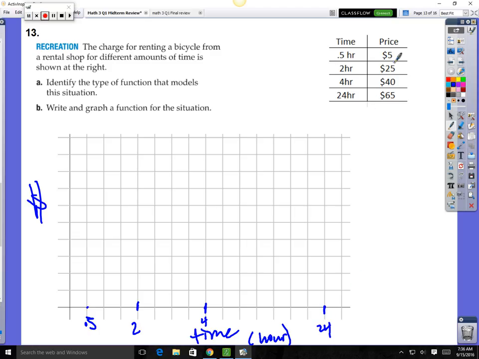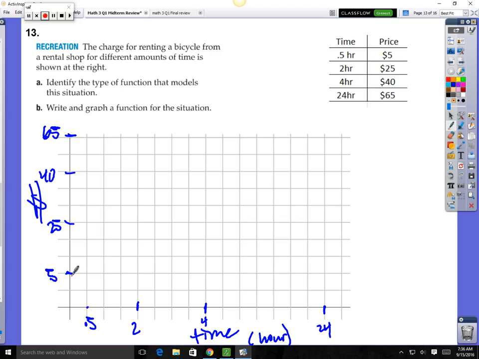So the money, $5. Let's put $5 right here. And then let's jump clear up here maybe and call that $25. And then let's call this $40. Let's call this $65. So you can rent a bike. So the first half hour they're going to charge you $5.